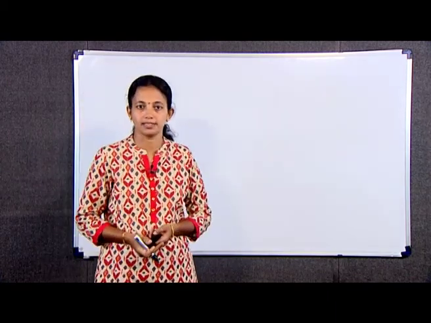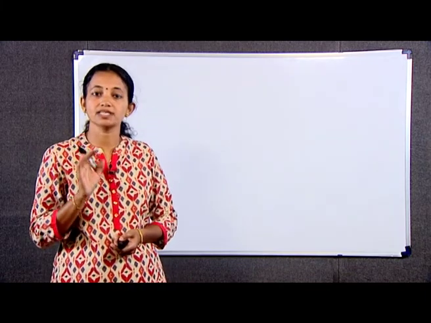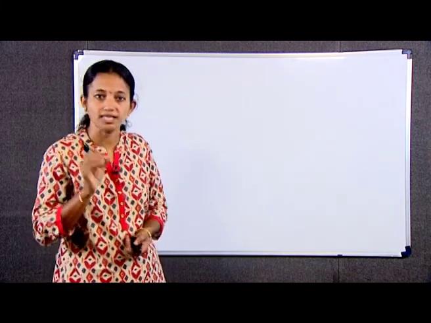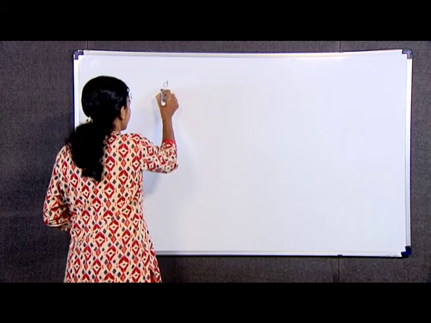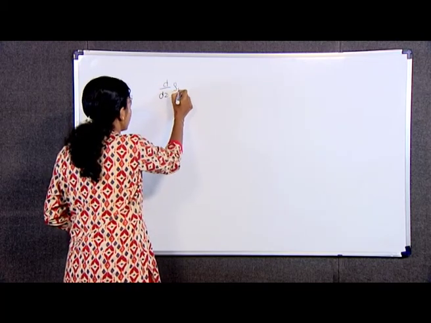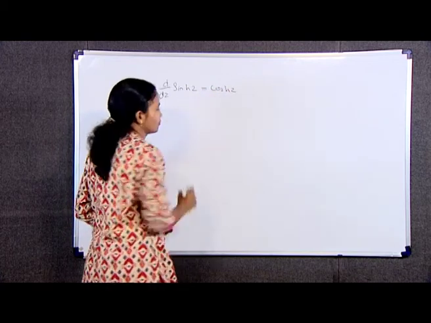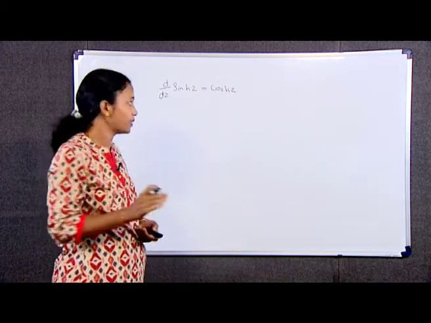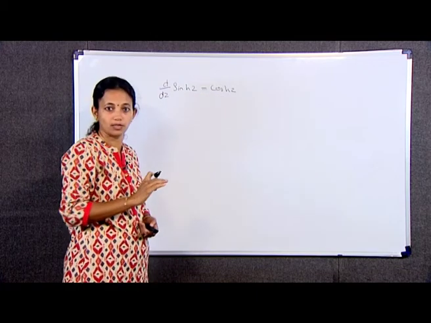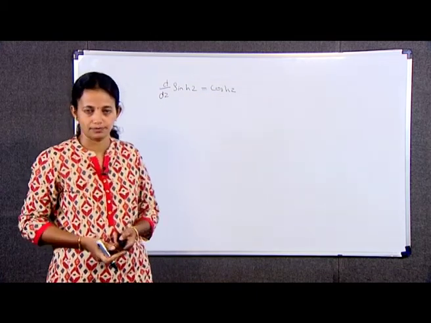We have seen that d by dz of sinh z is equal to cosh z, and d by dz of cosh z is equal to sinh z.